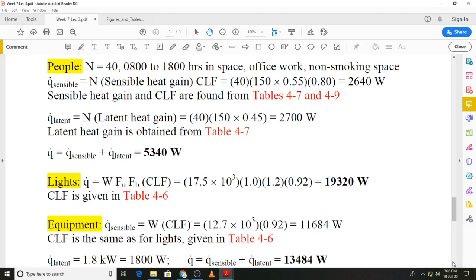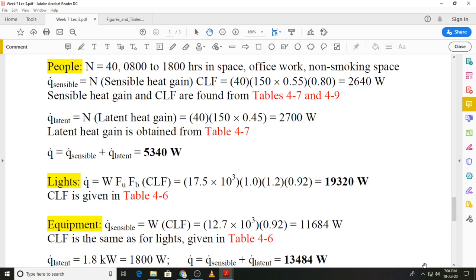The wattage is given for the equipment as 12.7 kilowatts. Because in the case of sensible load we need a cooling load factor, the cooling load factor for equipment is the same as that for lights, so you don't have to find that cooling load factor again, just use the value that you had used for lights, 0.92, and you get the sensible load.